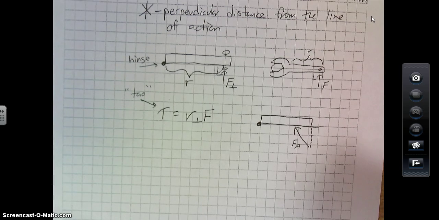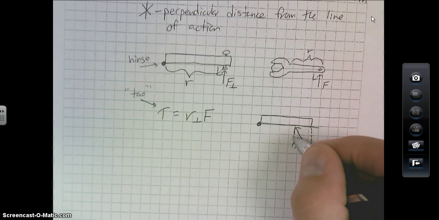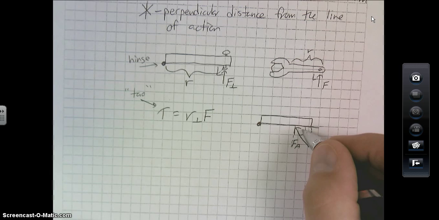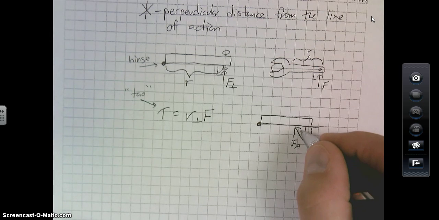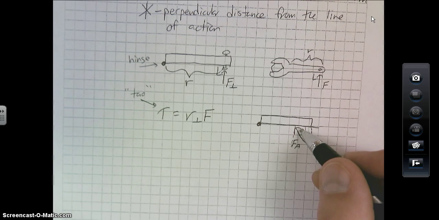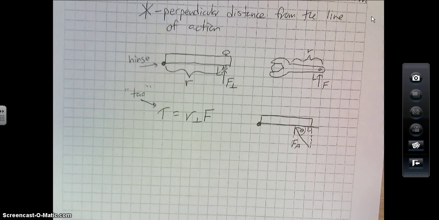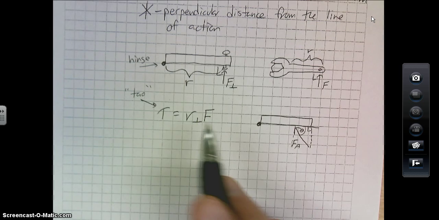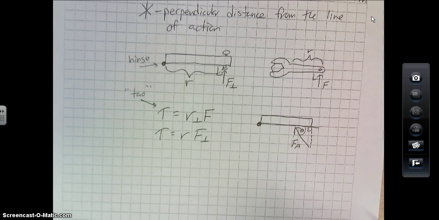Oftentimes, we think about the angle from perpendicular, which would be this particular angle right here. If we talk about the angle to perpendicular, then this would make this the opposite side of a right triangle.